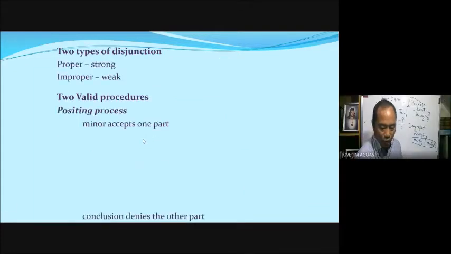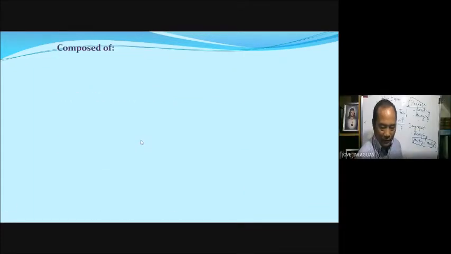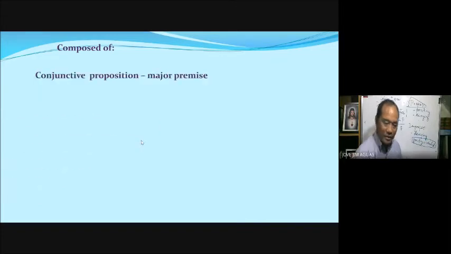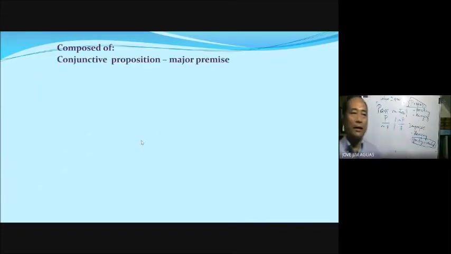Now let's move on to the next, and that is the conjunctive, because the conjunctive is just the same as the disjunctive, only that it's kind of reverse. I'll show you why it's reverse.